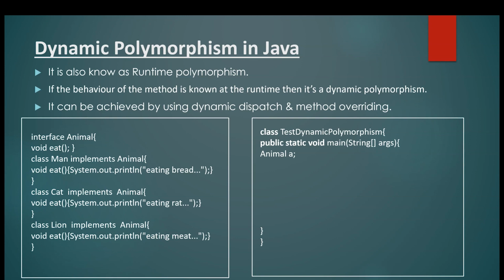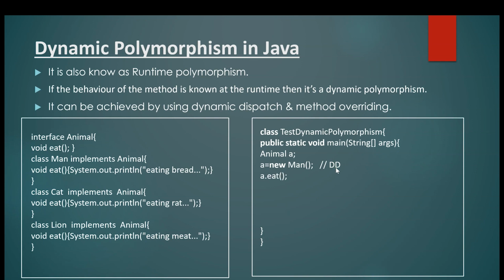So in the next line, we assign the object of the Man class to the Animal reference A. This process of assigning the subclass's object to the superclass, or rather super interface, is called dynamic dispatch in Java. On the right hand side of the object assignment, I have written DD, which simply means dynamic dispatch in Java.